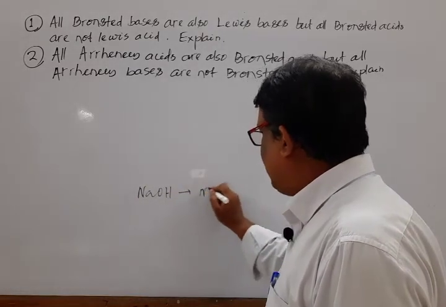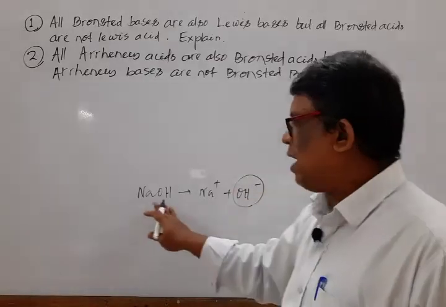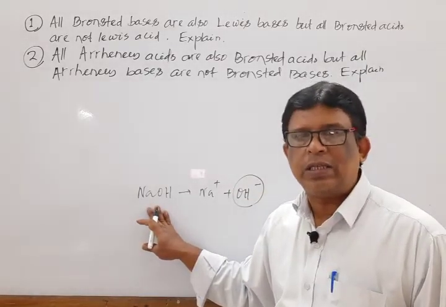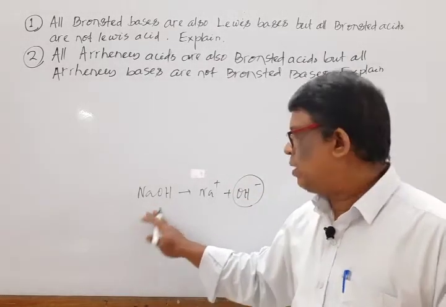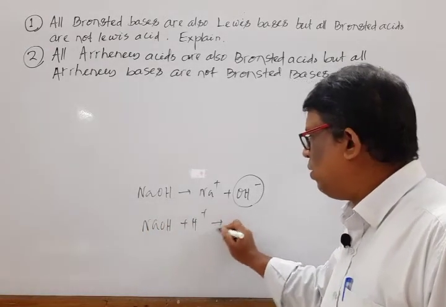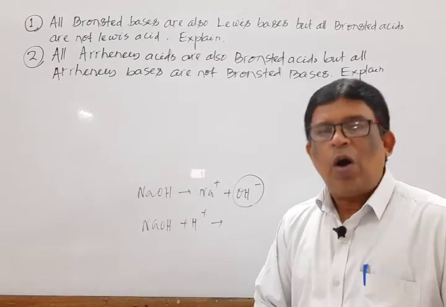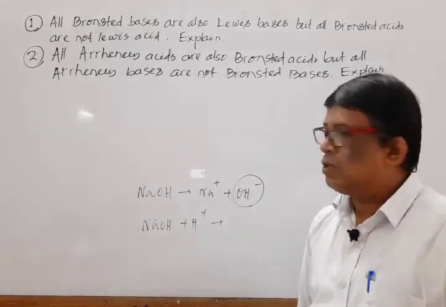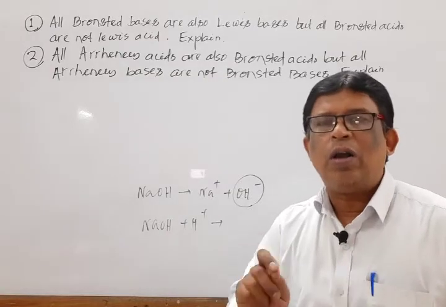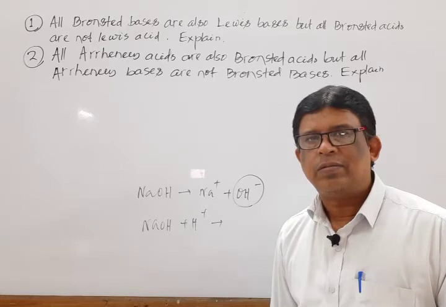Sodium hydroxide, on ionization in water, produces OH minus ion, so it is known as an Arrhenius base. But NaOH is unable to receive a proton. That means all Arrhenius acids are also Bronsted acids, while all Arrhenius bases may not be Bronsted bases.